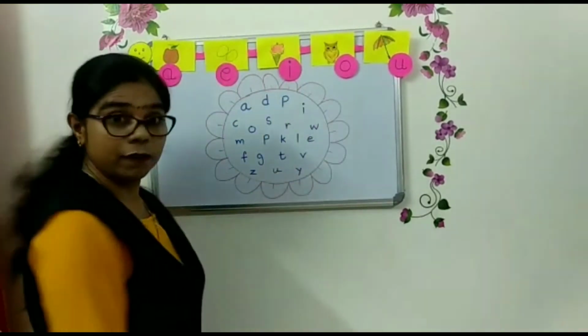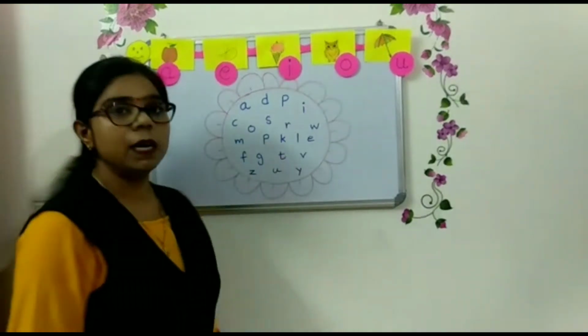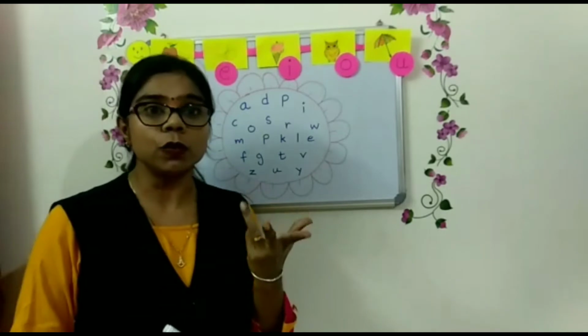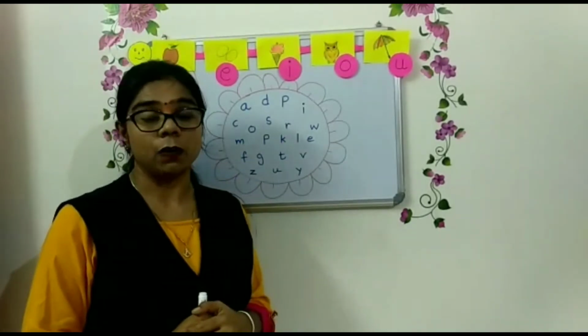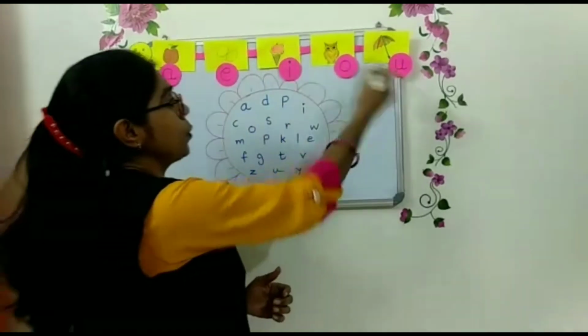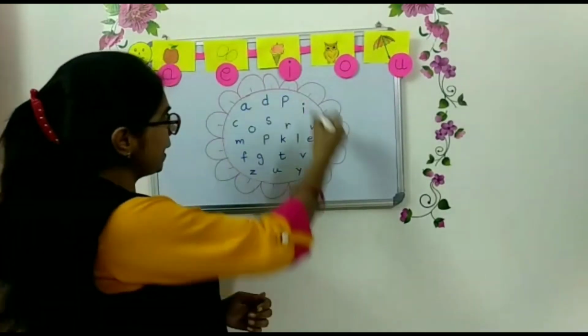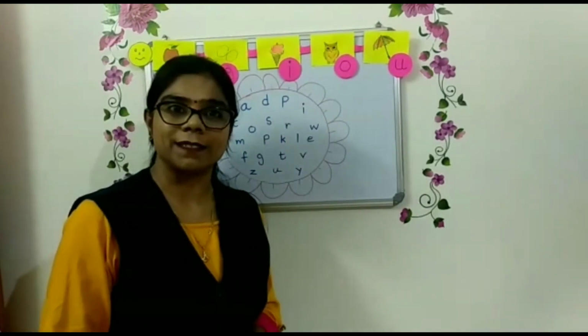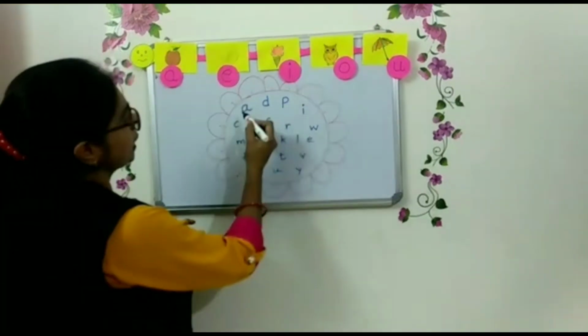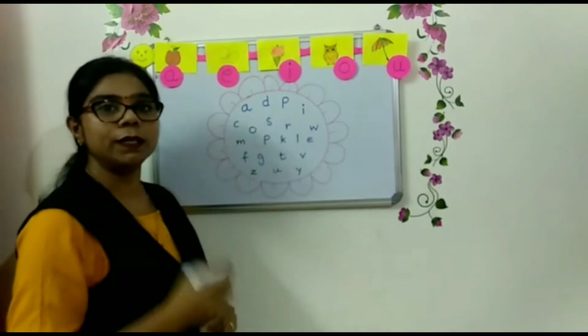So can we do one activity? Here is a flower, and in this flower so many letters are there. What we have to do is find out the vowels A, E, I, O, U in these many letters. Okay children, shall we start? Is A a vowel?